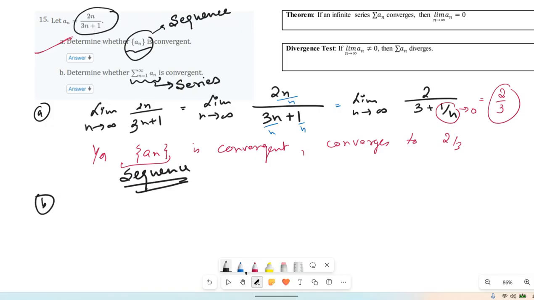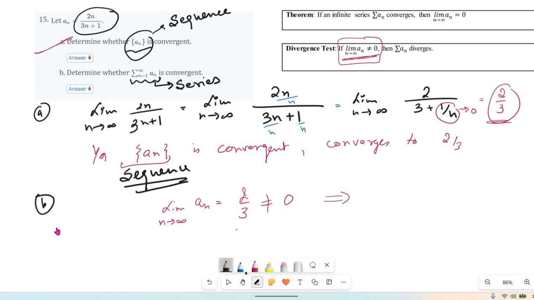Here we are going to use the divergence test. Just now we said the limit as n approaches infinity of an is 2 by 3, which is not equal to 0, right? We see that it's 2/3, and 2/3 is not equal to 0.